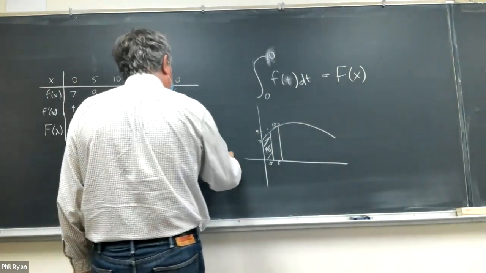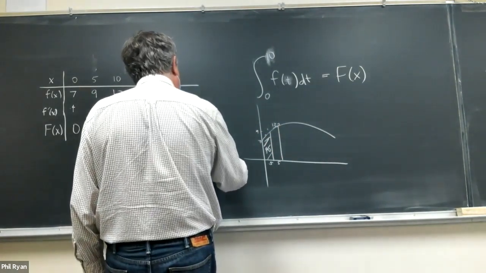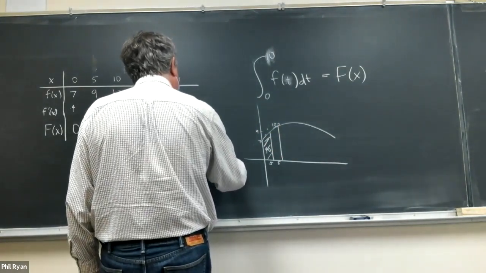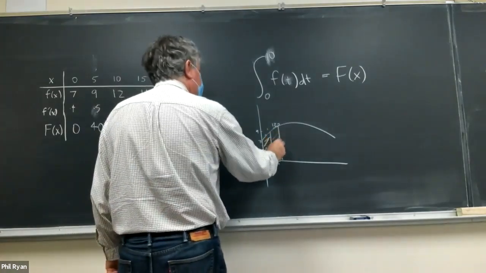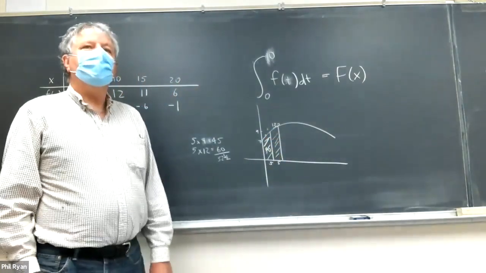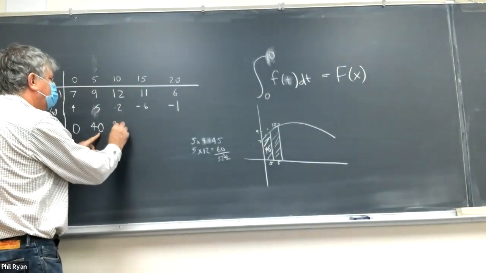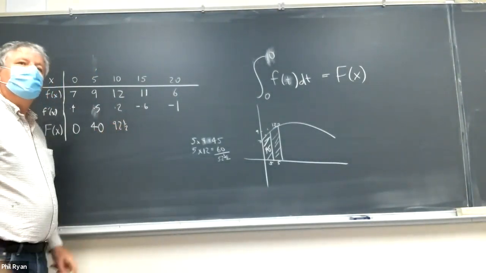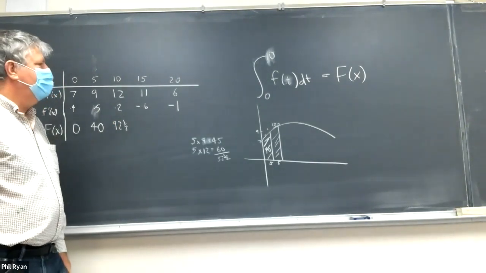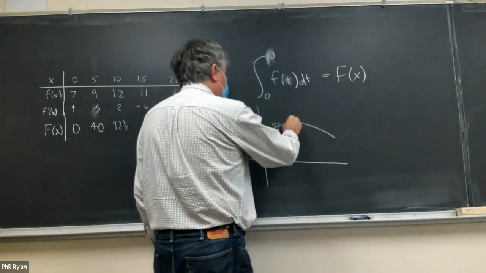So taking the average of those two would be 52.5. So this region here, I'm going to estimate to be 52.5. I add it to what I had before, and I get 92.5.